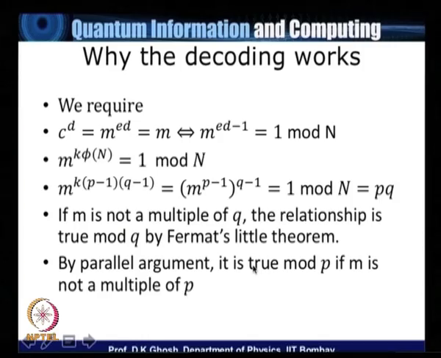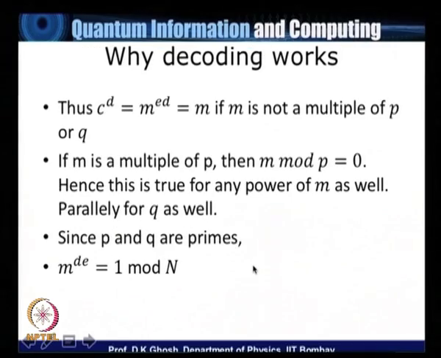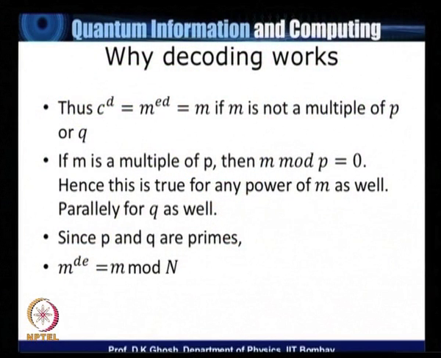So only problem now is that C to the power D is equal to M to the power ED equal to M is true if M is not a multiple of P or Q.